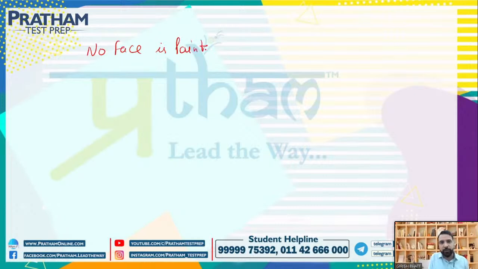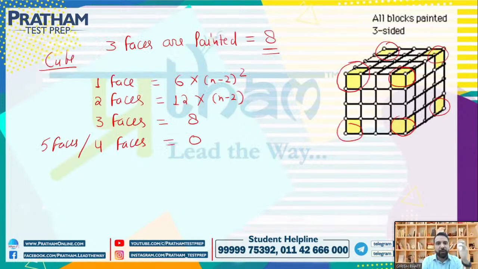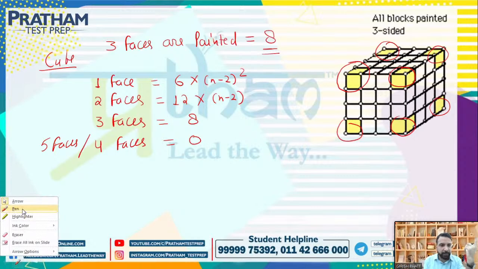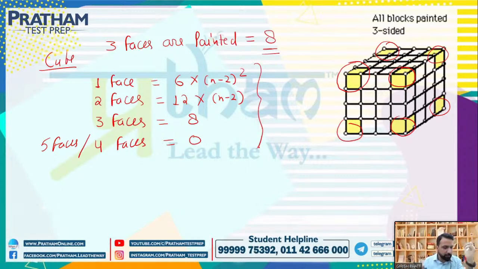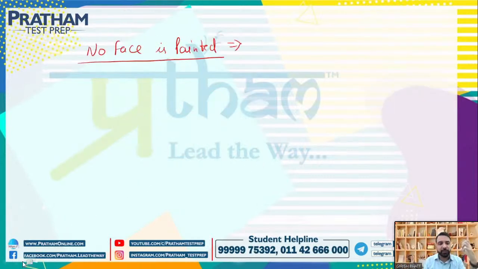How many such small cubes are there whose no face is painted? In the last class I told you, when we had to cover the cube, we put complete covering, complete layers. Some of you may think there is one formula: from the total we will subtract this and we will get the answer, right? Many students might think total minus these all numbers will get the answer. But if the question is only no face is painted, do we need to write this whole story? No, we have one direct formula.